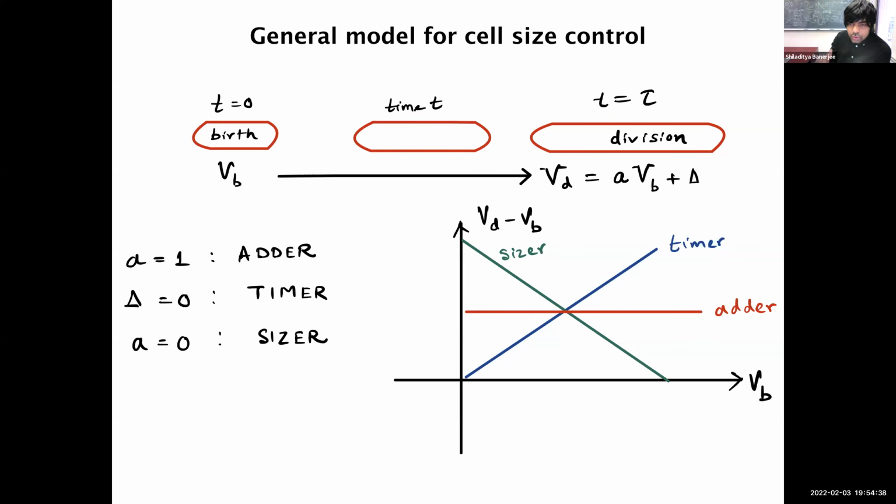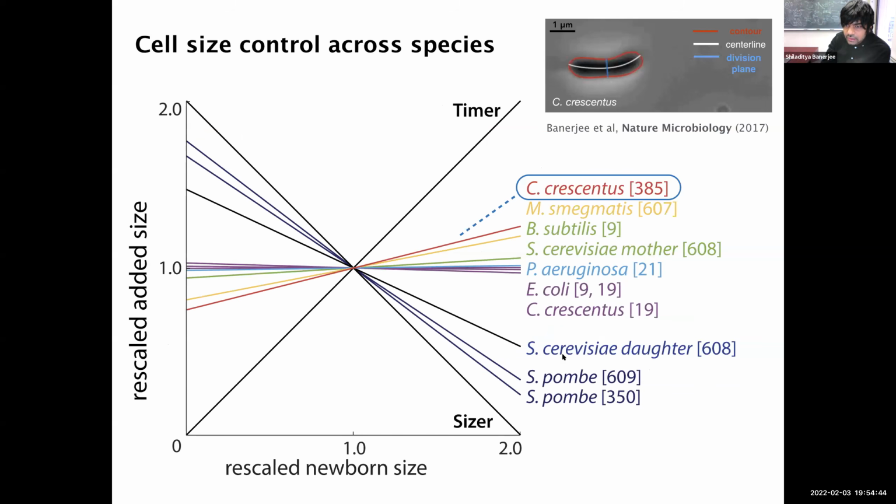In fact, if you look at different organisms, here are some names of different types of organisms: some bacteria here, and some yeast cells, the last three are yeast cells. You see that most of the organisms are close to adder, and they lie within this quadrant between adder and sizer.